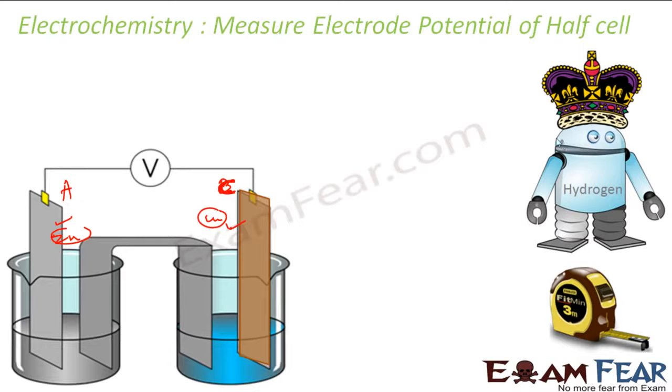Now as per convention, for the standard hydrogen electrode, my potential is 0, right? Using the platinum metal, hydrogen becomes H+ aqueous, and for this E is 0.